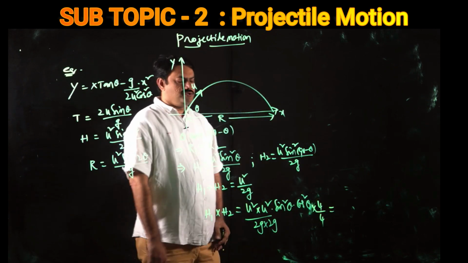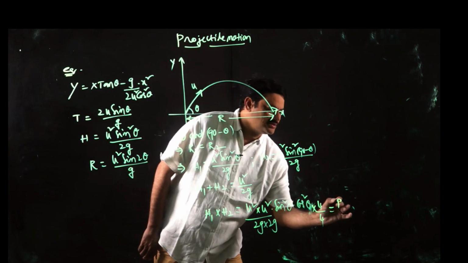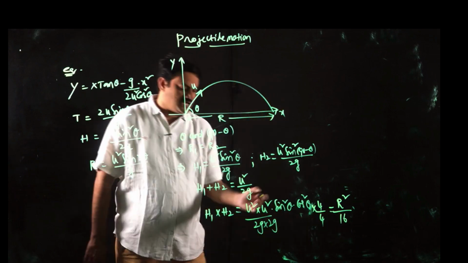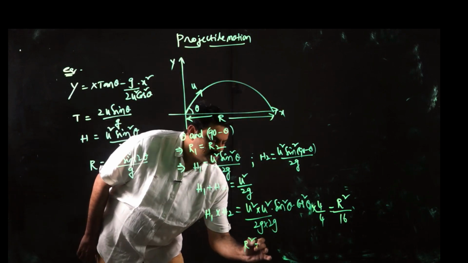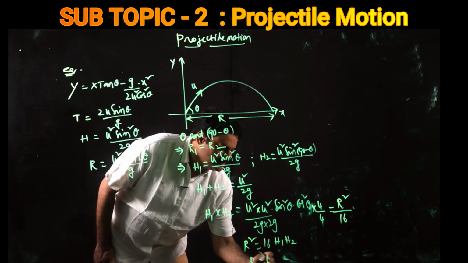So here u square 2 sin theta cos theta by g is equal to its range. So r square by, here you will get 16. So r square is equal to 16 into h1 h2. So r is equal to 4 root h1 h2.